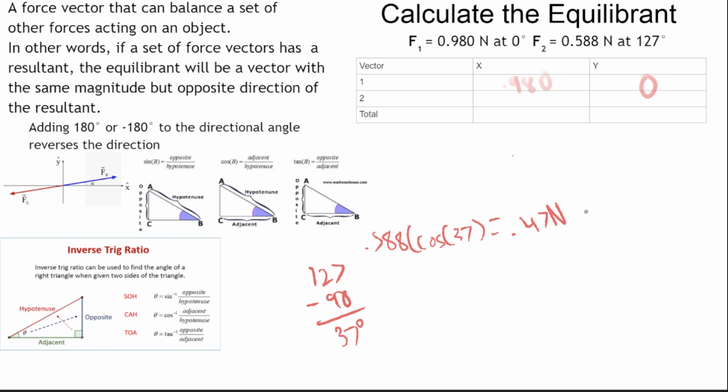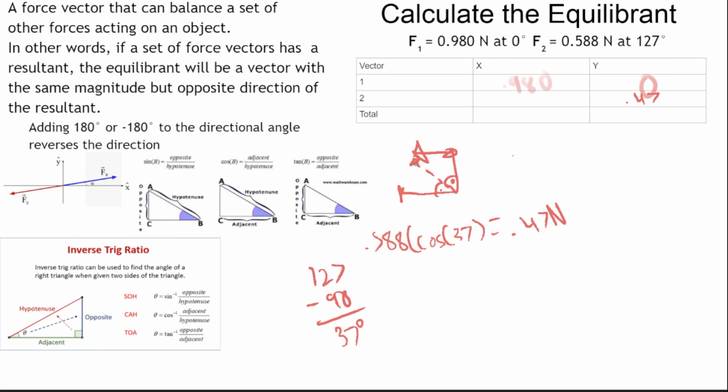That means that this vector, the cosine, is actually the y. If you can imagine it, this is kind of what we did: we found the angle that was on this side. This angle here was 37, so that's 37 in here. If we had subtracted 127 from 180, we'd have the angle that's in here. So that's kind of the difference.